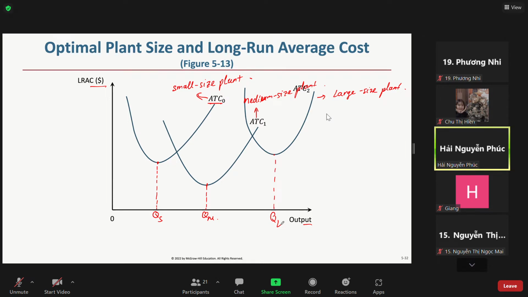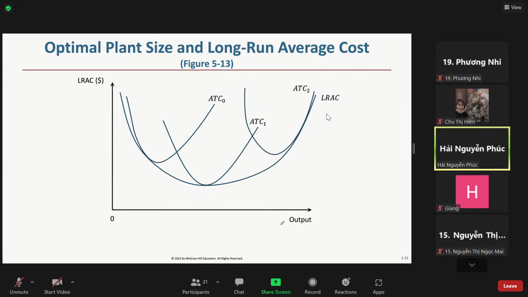And if we connect all the minimum points, we are going to be able to get the long run average cost curve. It covers all the ATC curves of the firm depending on the size or the scale of production.